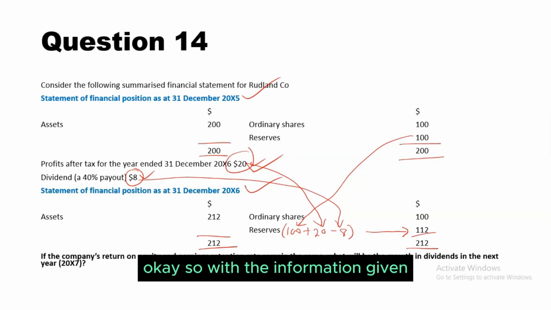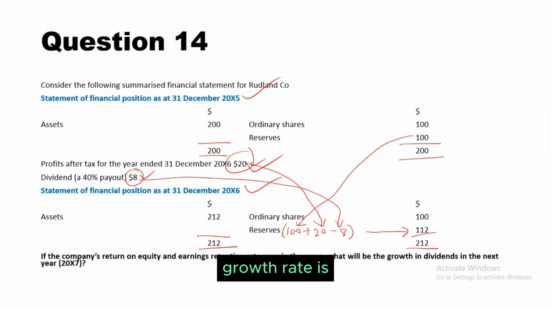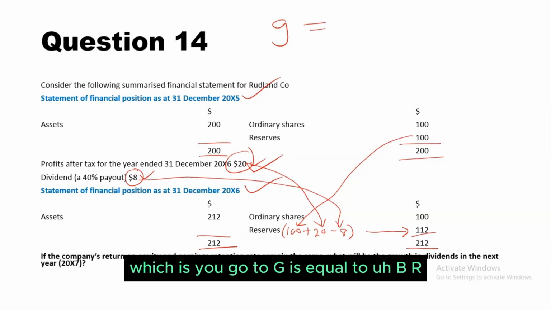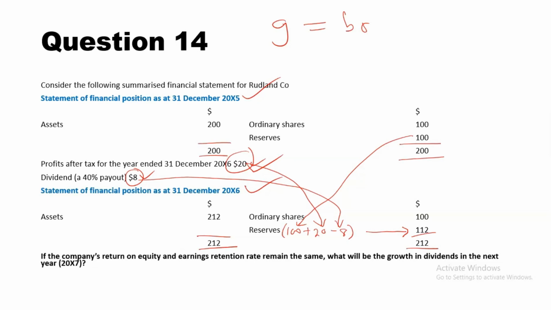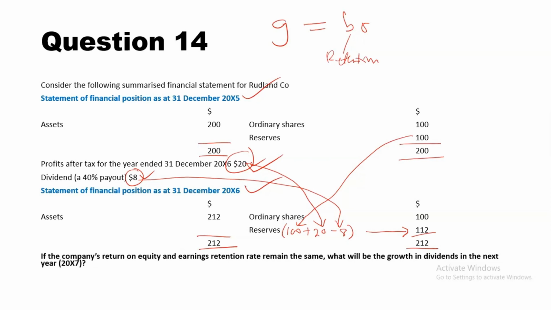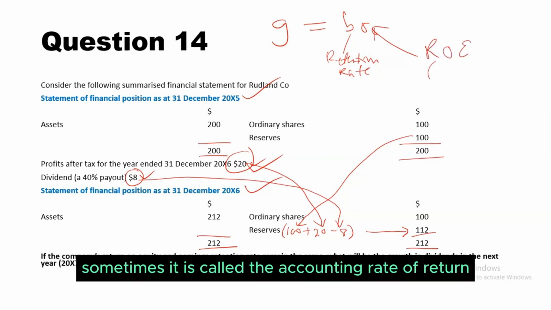With the information given, the relevant formula for the determination of the growth rate is Gordon's growth rate, G = BR, where B is the retention rate, whereas R is the return on equity. Sometimes it is called the accounting rate of return.